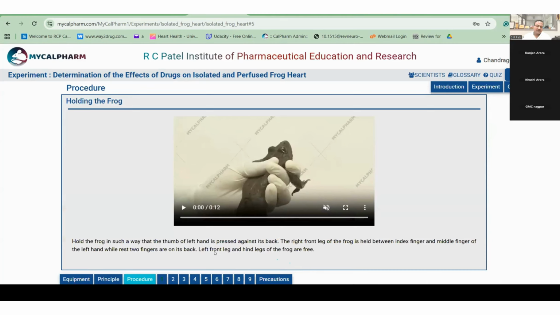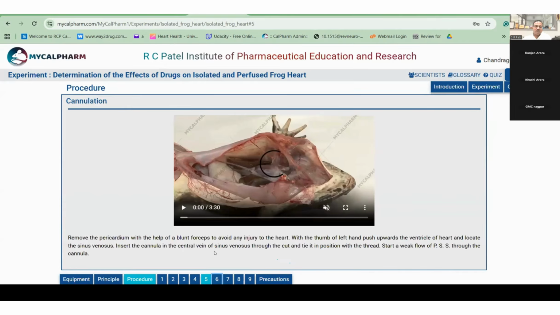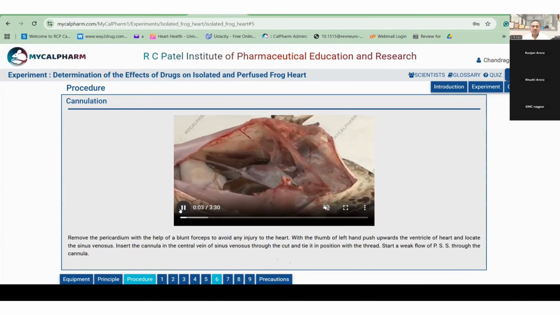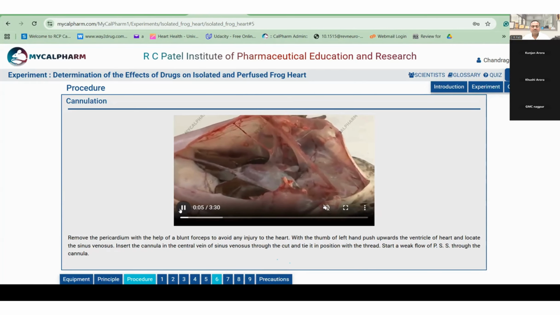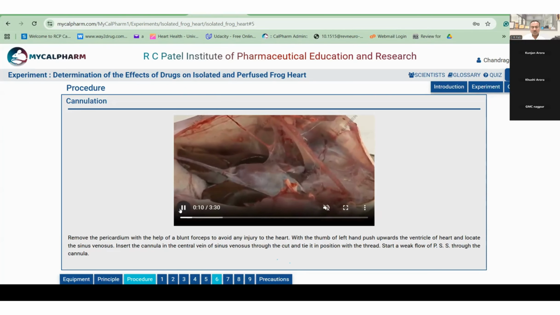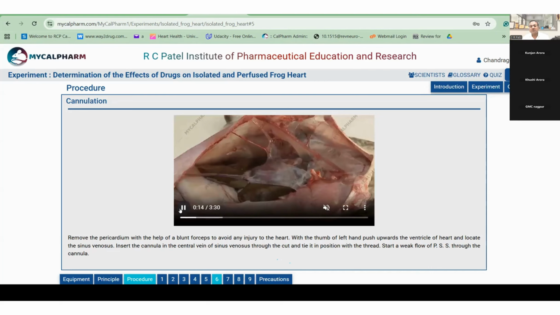But there are certain minute details, like when we are using the frog heart as an experimental preparation, we are perfusing the heart in the same direction as the blood flows through the heart. Okay? But if you are using the modern tool of Langendorff's heart assembly, then you are using retrograde perfusion.